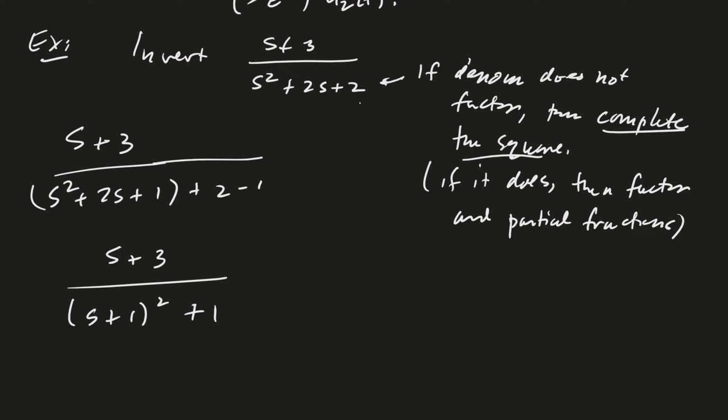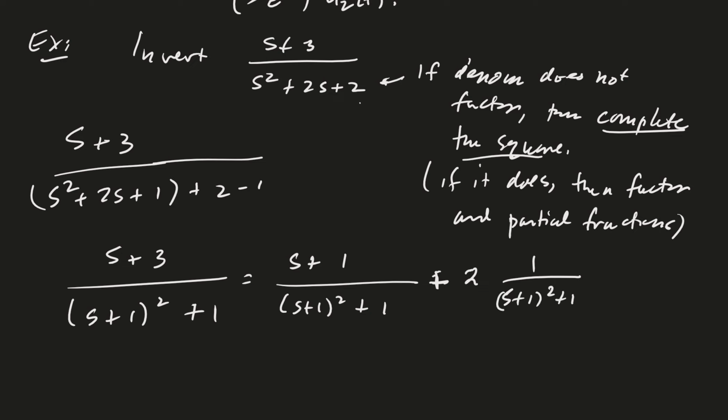Good. And so now I see that I need an s plus 1 in the numerator. So I'm going to go ahead and write that in there. That leaves me with a plus 2, so I'll make that into a different fraction. And I'll just write the 1 here.